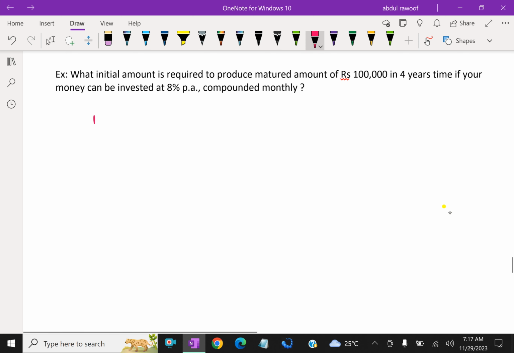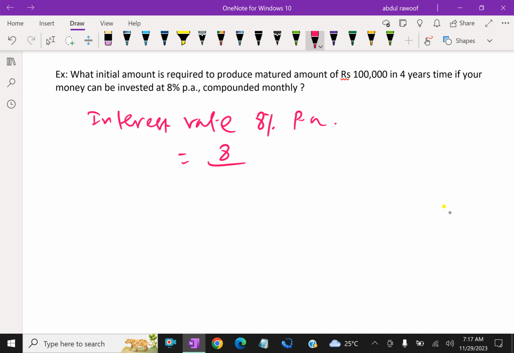Here the interest rate is 8% per annum. Per month it is 8 by 12.